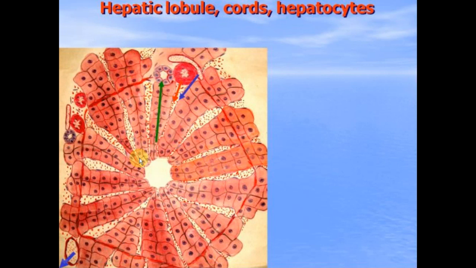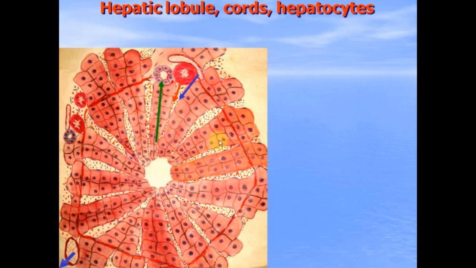This picture demonstrates one hepatic lobule, the central vein and sinusoid blood capillaries with mixed blood which flows from the periphery to the center. It's derived from the interlobular artery and vein.